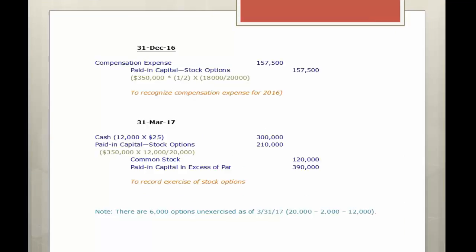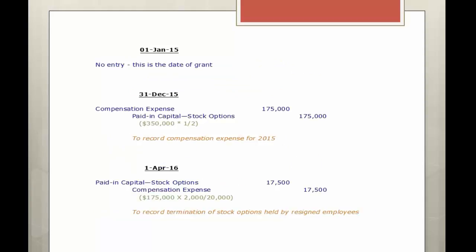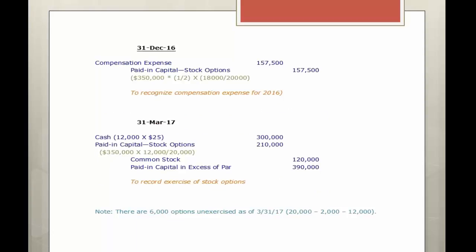So the takeaway on this one is that the eliminating of the options because of the resignation of the employees reduces our paid-in capital stock options and also reduces our compensation expense. Ultimately, when these are exercised, they're exercised not at the market value, but they're exercised at the strike price.